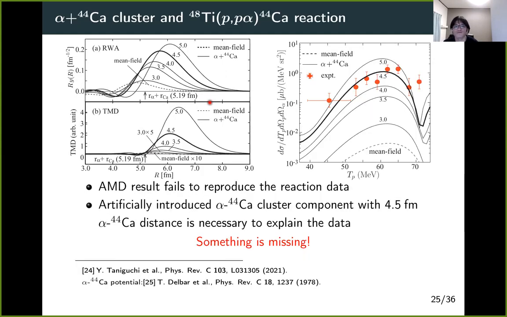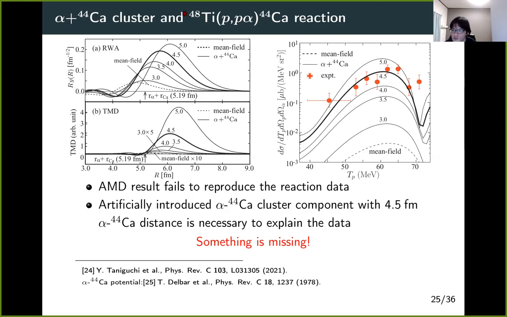All right, and also we recently studied a titanium-48 case, titanium-48 (p,p alpha) calcium-44. This system is interesting in two aspects. One thing is this is one of the lightest nuclei where we can expect alpha clustering and N not equal Z. Up to calcium-40, there are 20 protons and 20 neutrons.